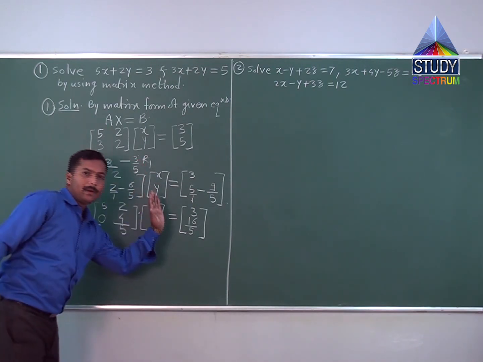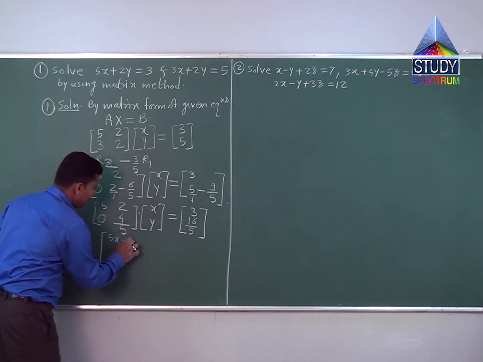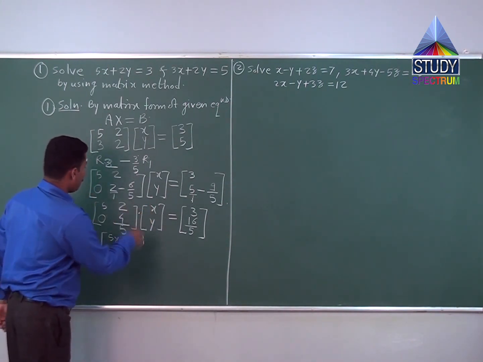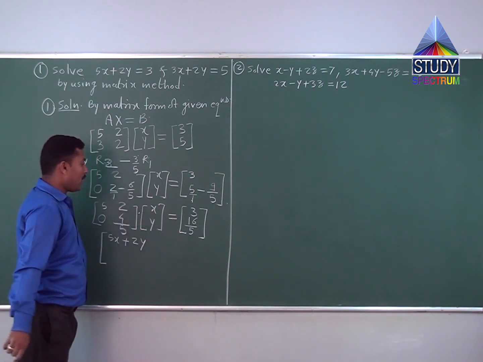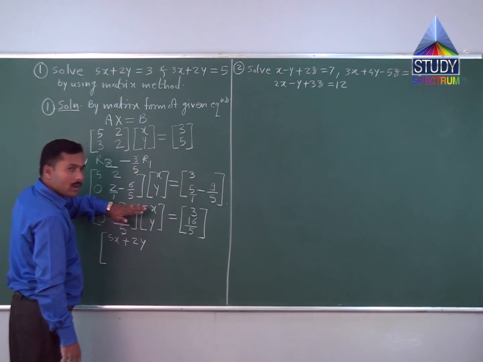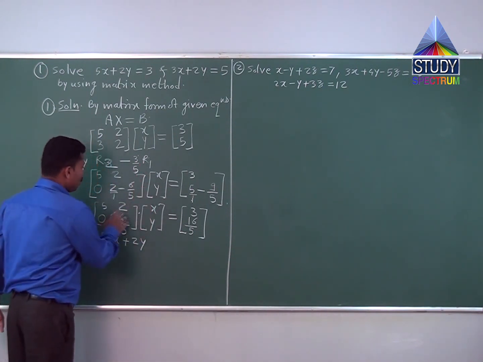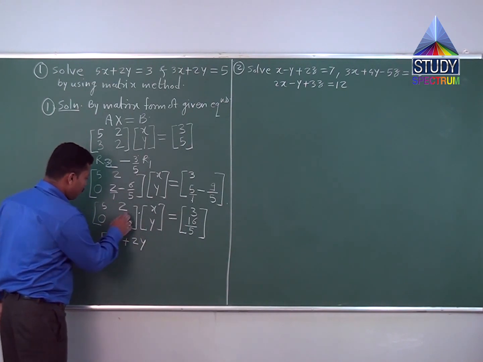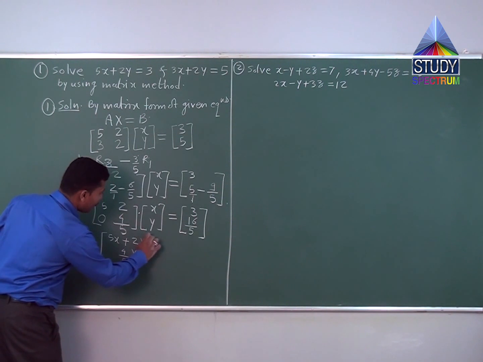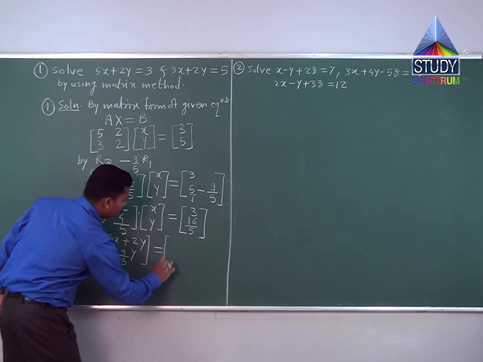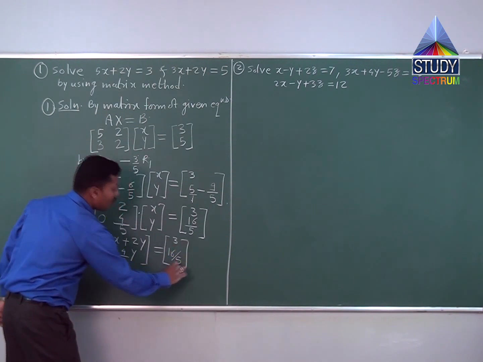So we do the matrix multiplication. First row, first column, 5 into x, 5x plus 2 into y, 2y. So the first row is finished. Second row, first column, 0 into x, 0, plus 4 upon 5 into y, 4 upon 5 y, equal to 3 and 16 upon 5.